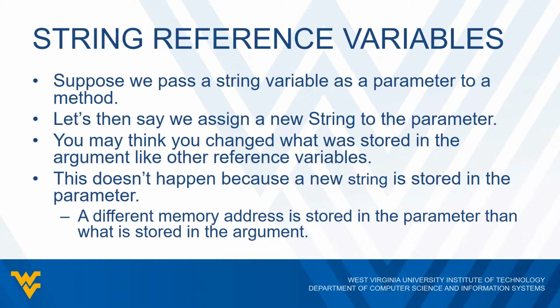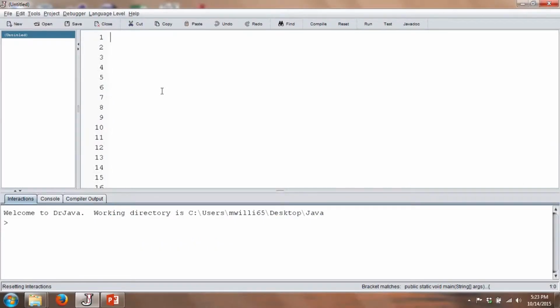With strings, if I make a change to my string variable, that's going to create a completely separate object. So now my argument and my parameter are looking at two completely different addresses. So what I changed in my parameter does not happen to my argument because my argument is still pointing to the original string.